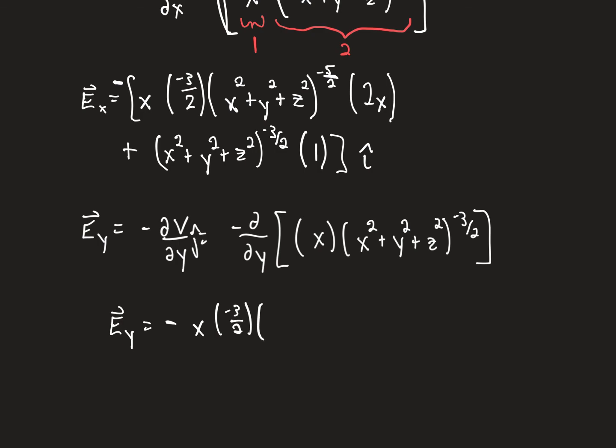Negative 3/2. And then go back to what we just did. I just wrote down everything that was in the parentheses, x squared plus y squared plus z squared, and then I take the derivative and raise that to the negative 5/2.